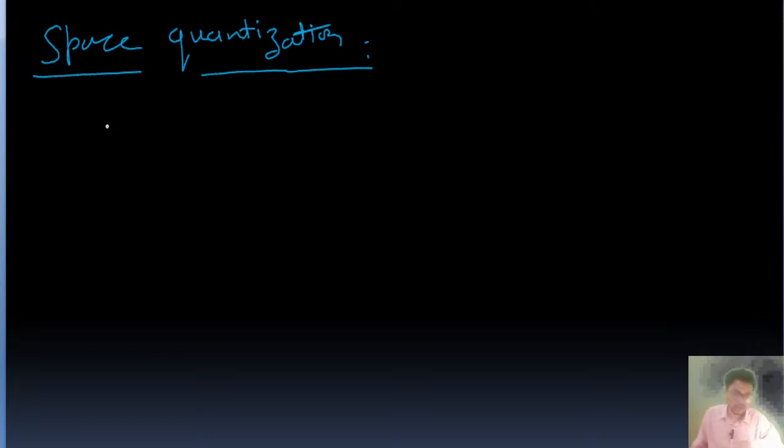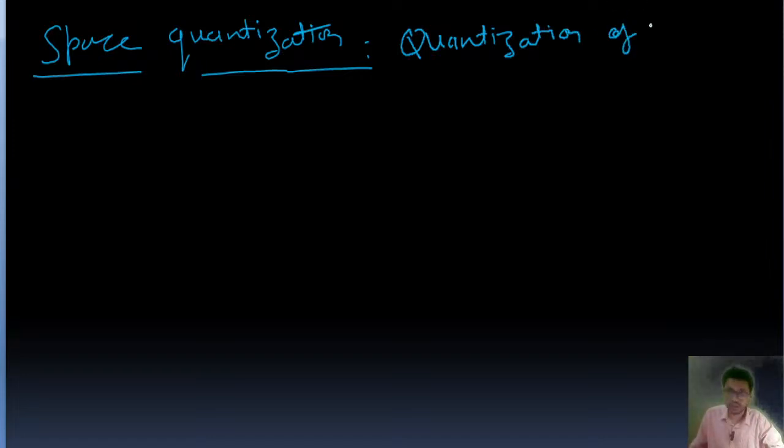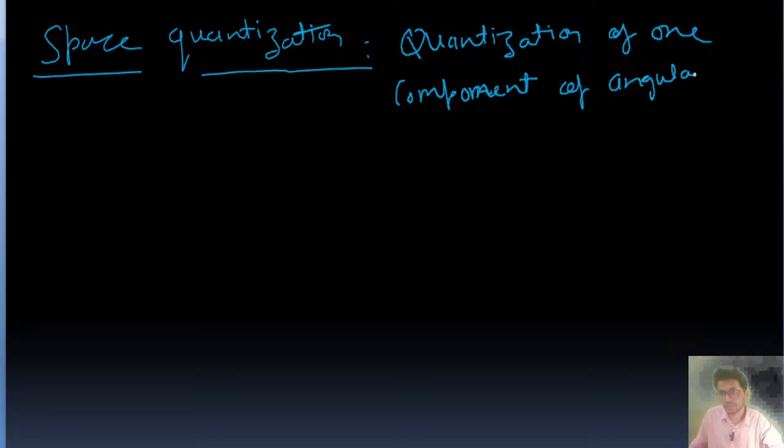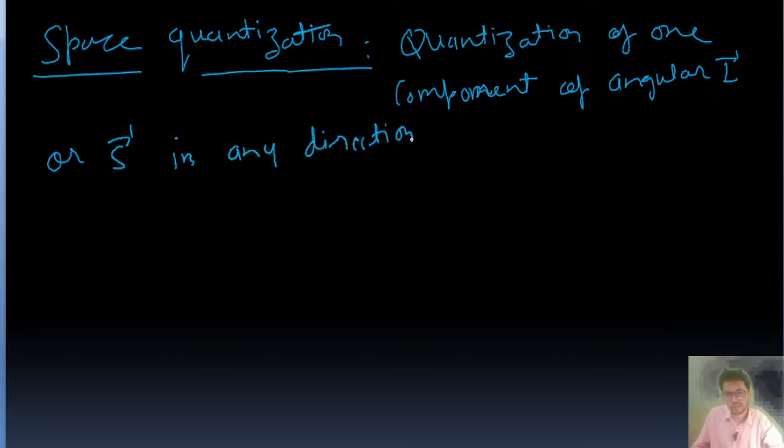Space quantization is the quantization of one component of angular momentum, L or S, in any direction.